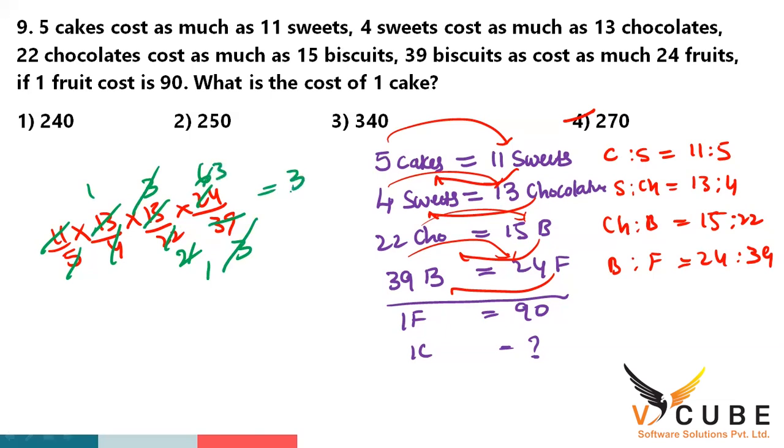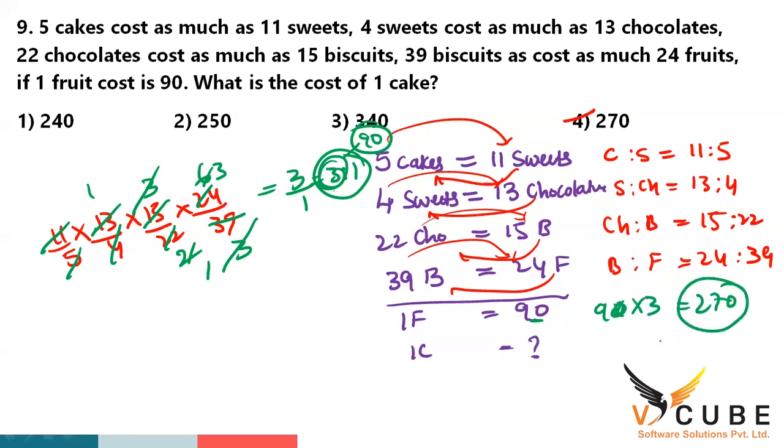The final answer is 3 by 1, that is 3 is to 1. Now tell me, 1 is a fruit, and one fruit costs 90 rupees. One cake is how many parts? 3 parts, so 90 into 3. 9 threes are 27, so 270 rupees. Clear?